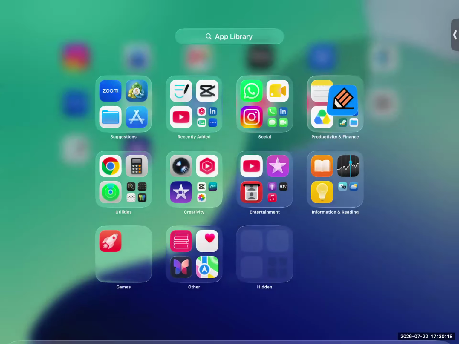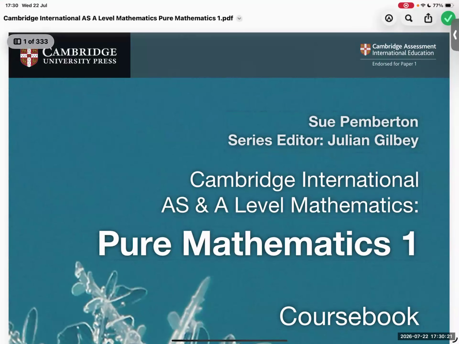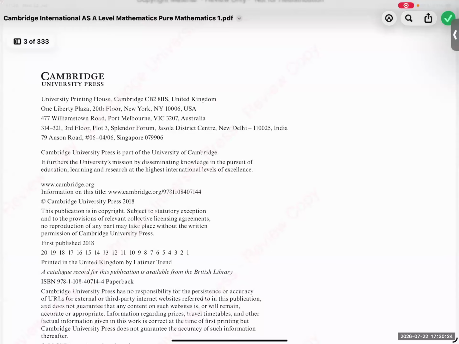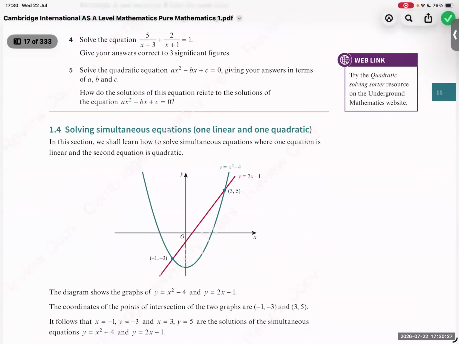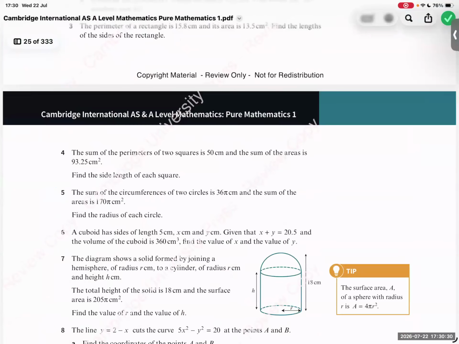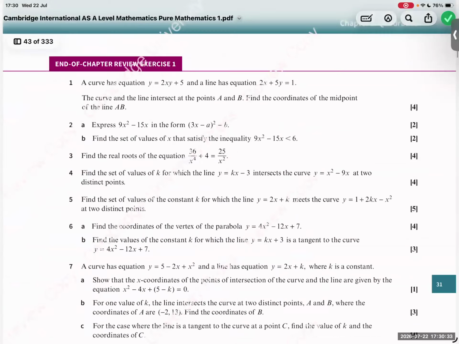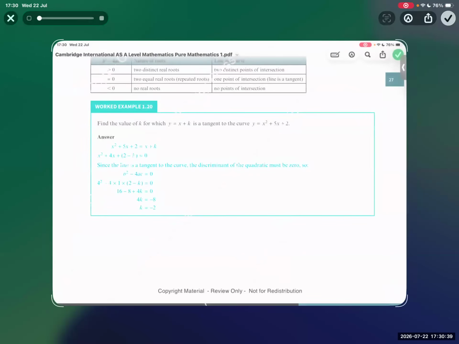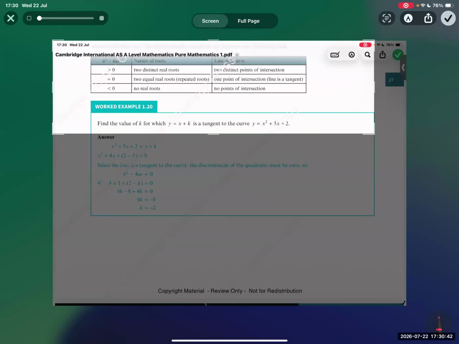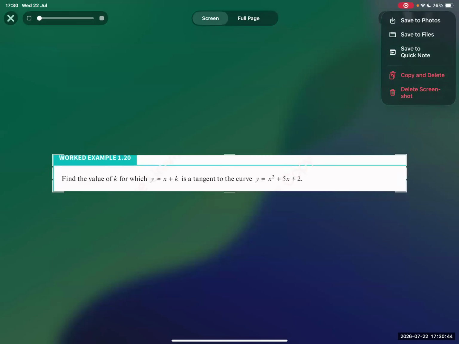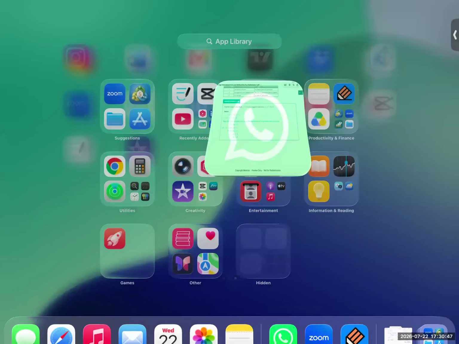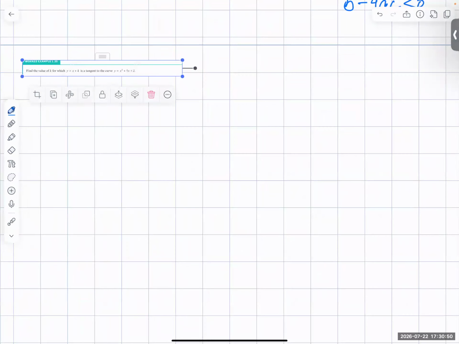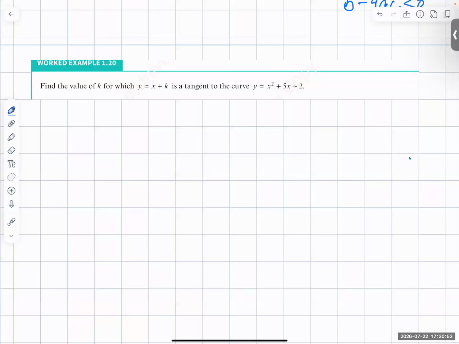Let's do a couple of questions for better understanding. For example, the question states: find the value of k for which this line is tangent to the curve.